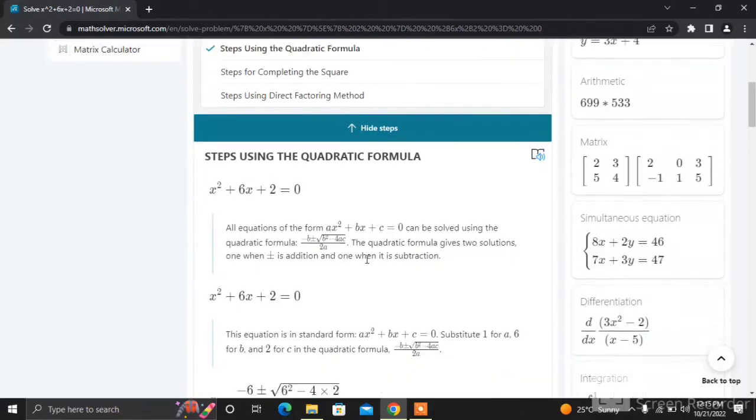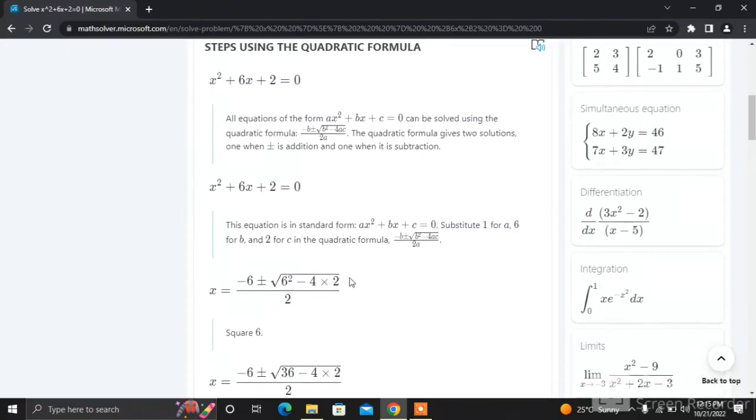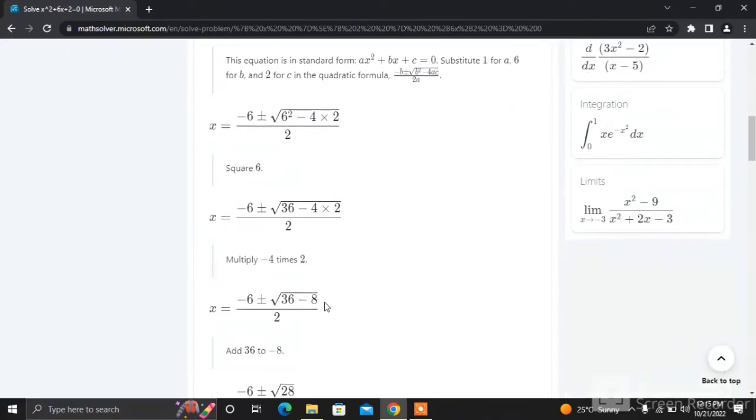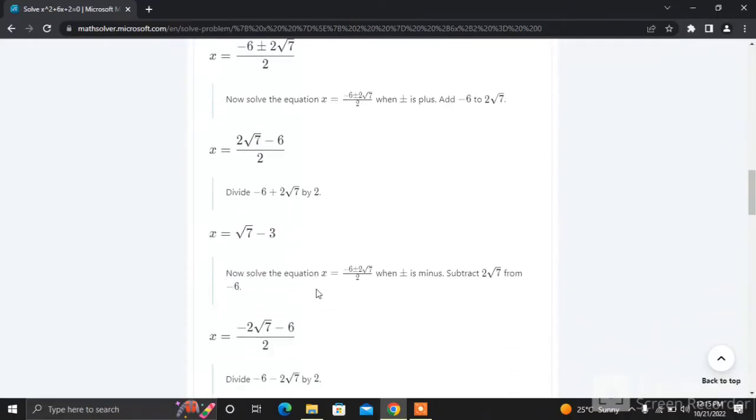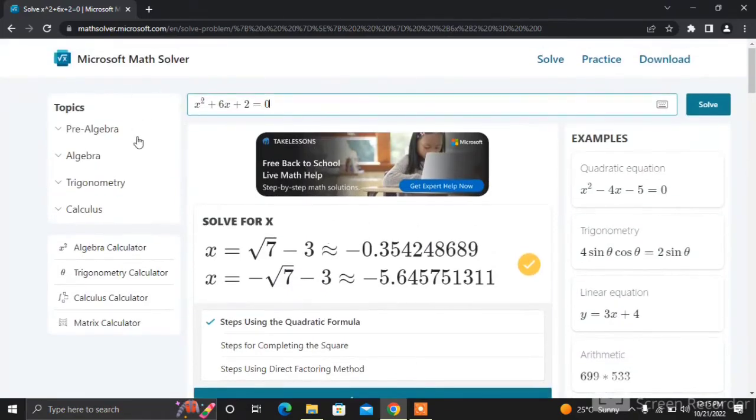So here they have applied the quadratic formula. For example, the standard formula is minus b plus minus under root b square minus 4ac divided by 2a. By putting the value, they have attained the solutions, and the final solution is written here as I have already told you. So this was the example of quadratic equation.